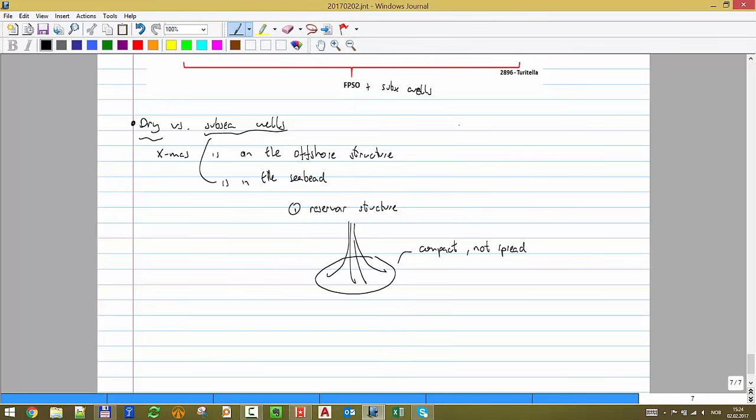Also, dry wells have a limitation of maximum depth of 1700 meters, and above that you usually use subsea. I think that's the current record, 1700 meters.